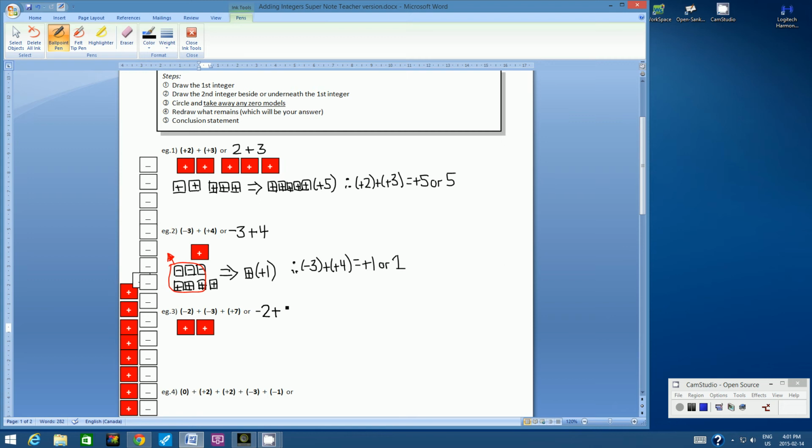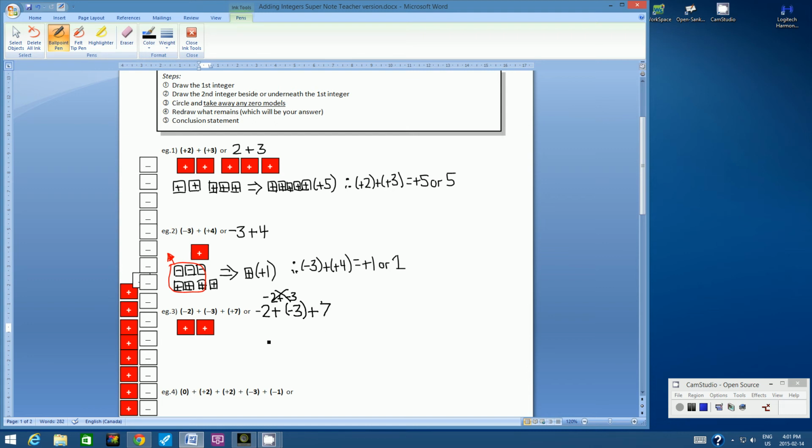If it's not the first integer, we have to leave it with the brackets, or else it'll look like this, -2 plus -3 without the brackets. This is very confusing. This is not what we want. Then we have an addition statement, and then we're left with +7. Remember, with positive integers, we want to get rid of the brackets and the positive sign. So this is what this question looks like in standard form.